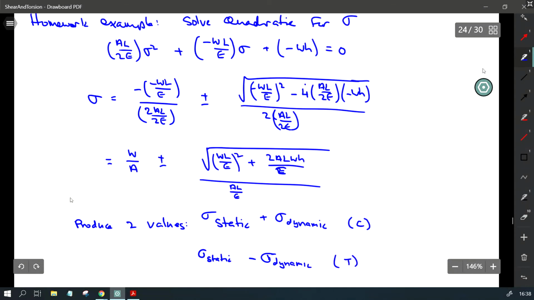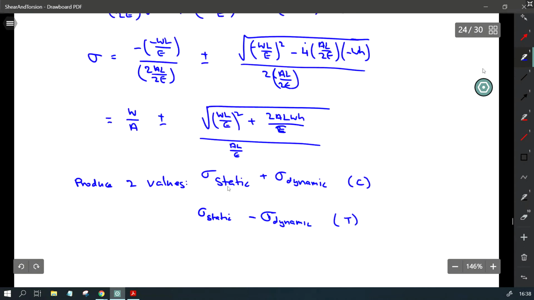And what you'll find is that if you drop the block from anything more than a very, very small height, or even any time at all, the dynamic stress would be much bigger. And when you do these exam questions, the static bit is always really small compared to the dynamic bit. That is the main point.